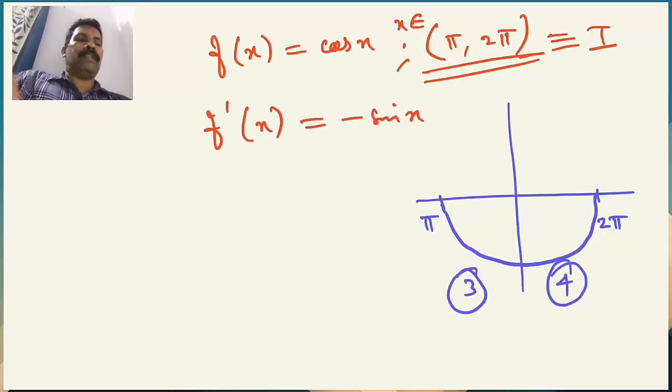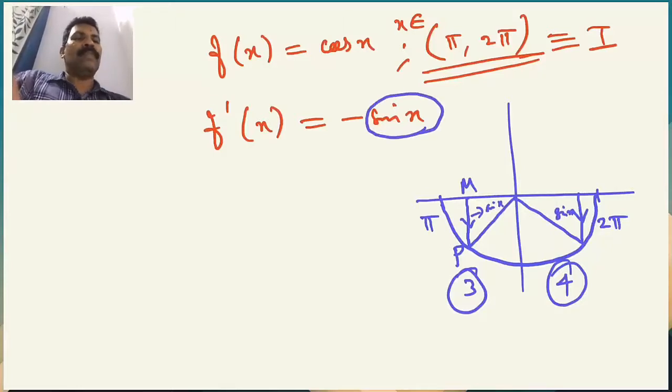In the third and the fourth quadrant, you see the sine value is below the axis here. Similarly, here also you can see the sine value is below the axis. So that is negative, so sin x is negative. Sin x itself being negative means negative sin x will be positive.